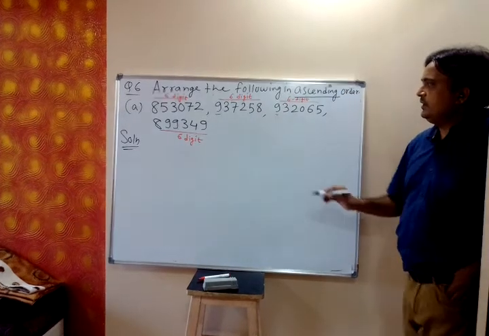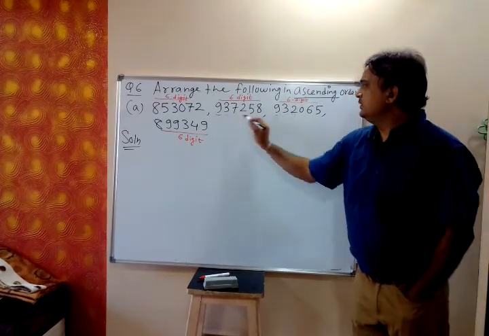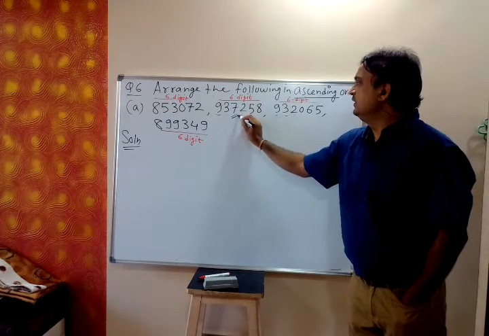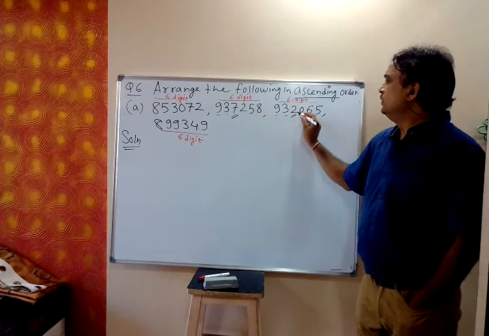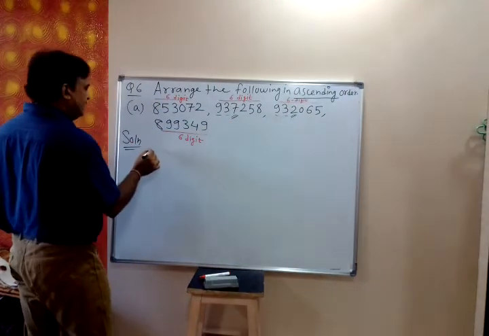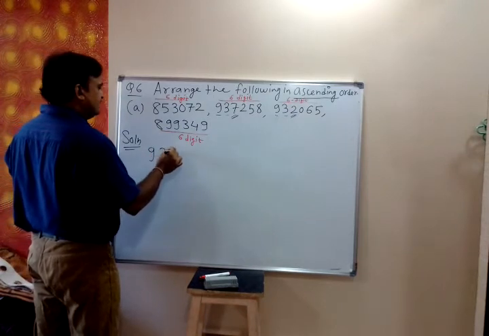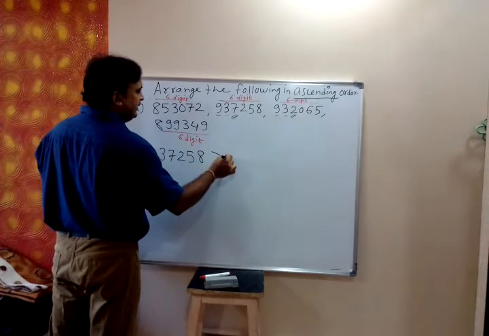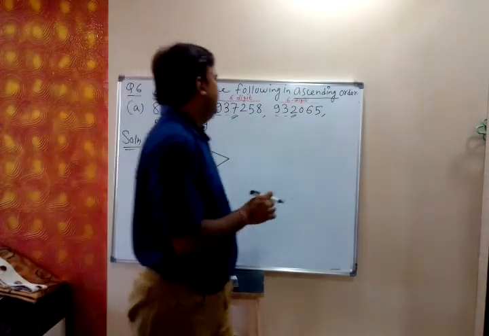After 9 there is 3, then 7 in one, and 2 in the other. So this number is bigger. So we write 937258 greater than.